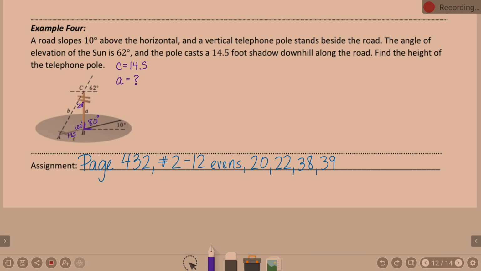Okay, so I do agree with the 28. That leaves that piece to be 28. And then we probably should find angle A. We do need angle A. What's angle A? 52, because all three angles in a triangle add up to 180.